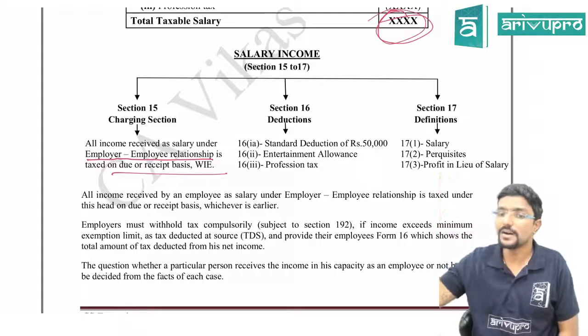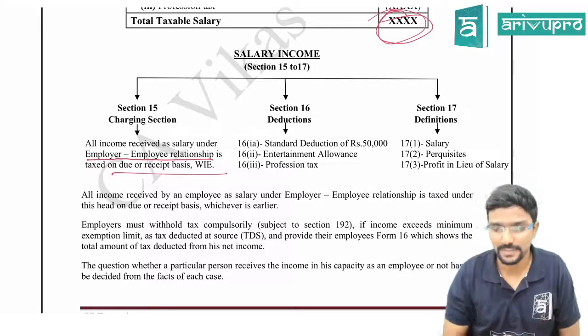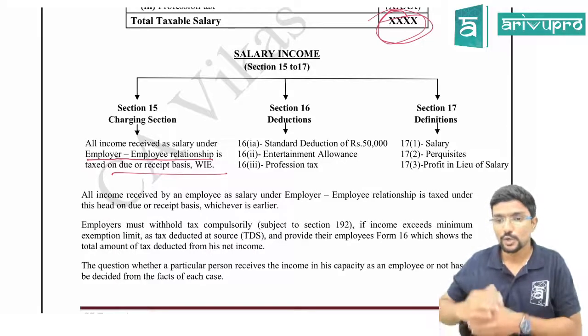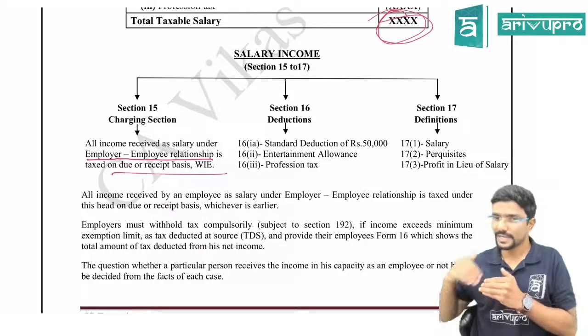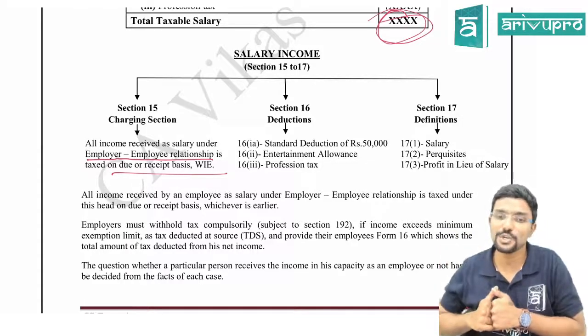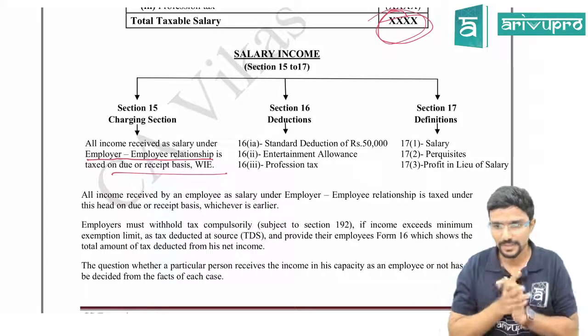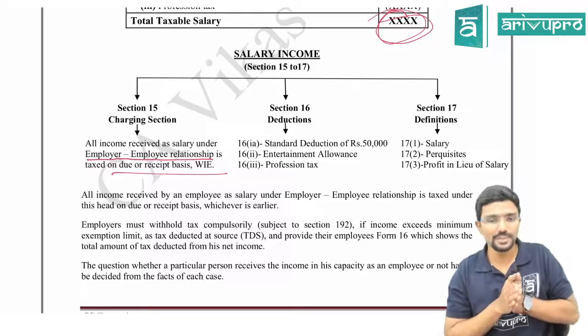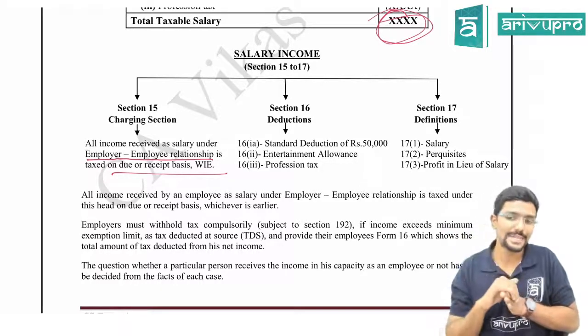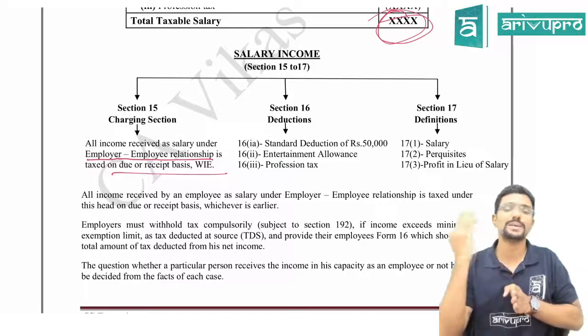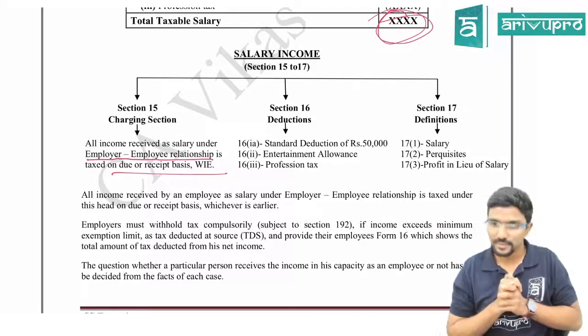In the next year, it will be taxable only for 10 months, because the 2 months additional salary I received now is called advance salary, taxed on receipt basis. Agree? If something is taxed on due basis, again it won't be taxed on receipt basis. If something is already taxed on receipt basis, again it won't be taxed on due basis. Clear?